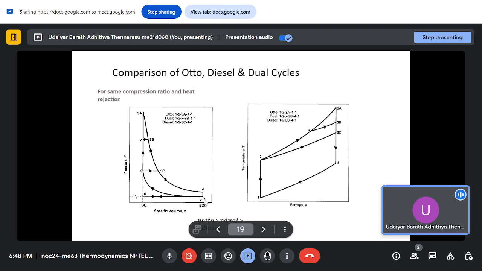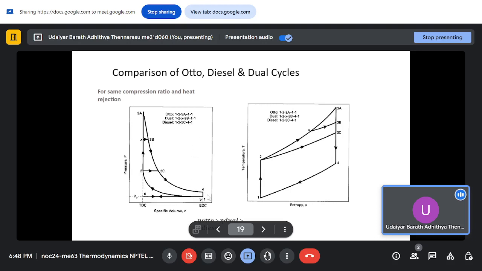Heat rejection is between 1 and 4, so the same amount of heat is getting rejected. In that case this is how the cycles look superimposed. 1, 2, 3A, 4 is your Otto, 1, 2x, 3B, 4 is your dual, and 1, 2, 3C, 4 is your diesel.